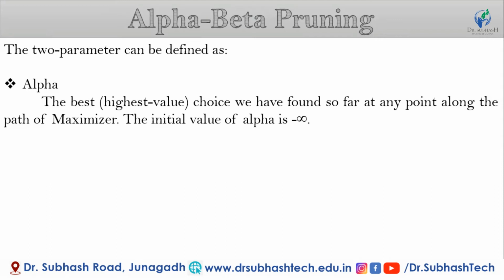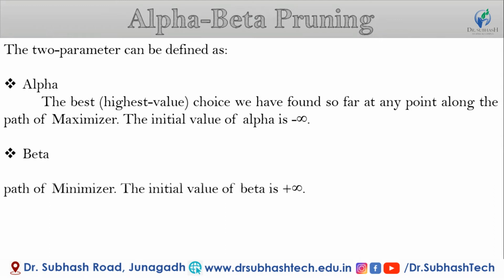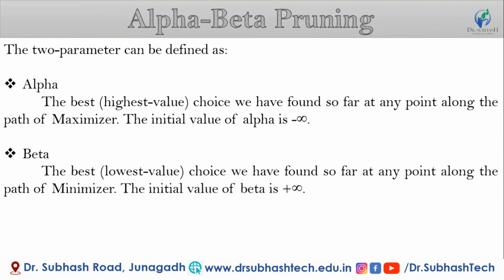The initial value of alpha is minus infinity. And next is beta, the best, or lowest value choice we have found so far at any point along the path of the minimizer. The initial value of beta is plus infinity.